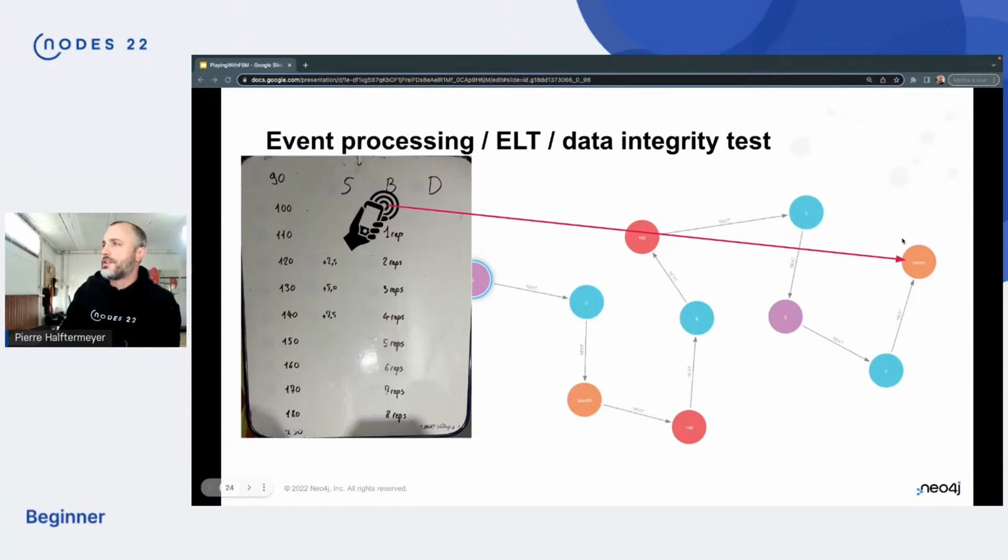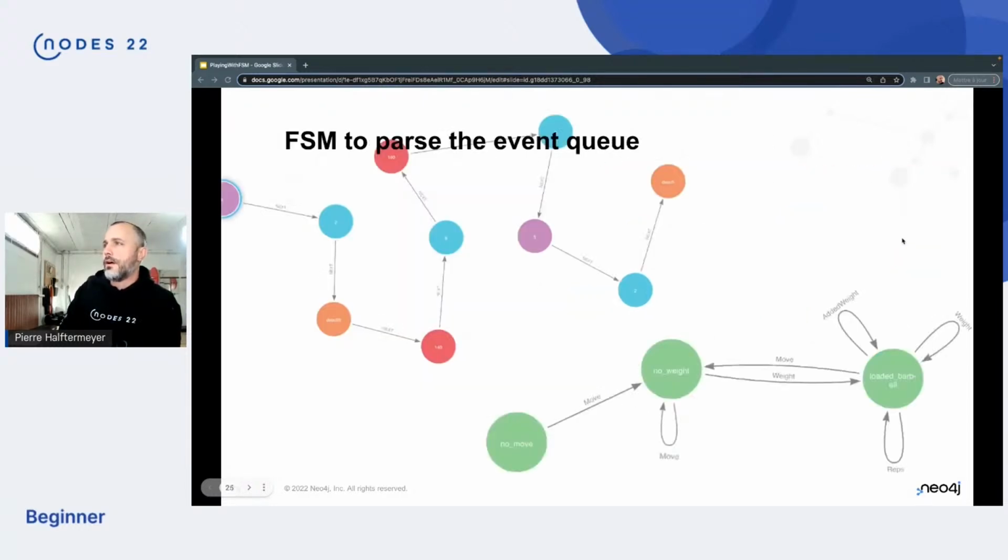Here I do bench, and I have an automaton to parse this.